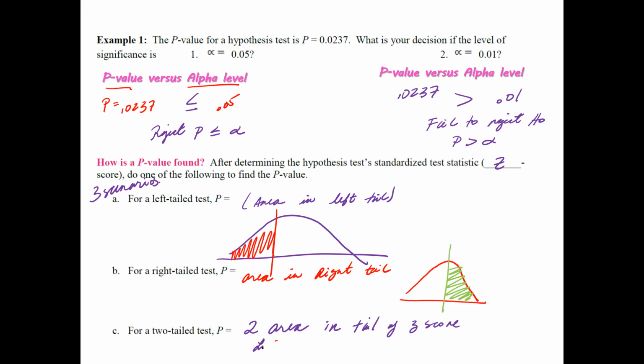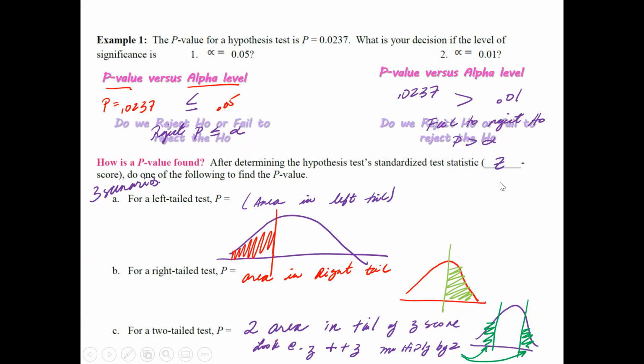You're going to look at the negative z and the positive z, and you're going to multiply them by 2. The reason for that is because you have the exact same area on the left side versus the right side, and there are 2 of them. So obviously, you're going to multiply them by 2.